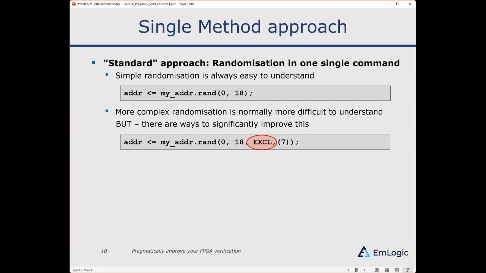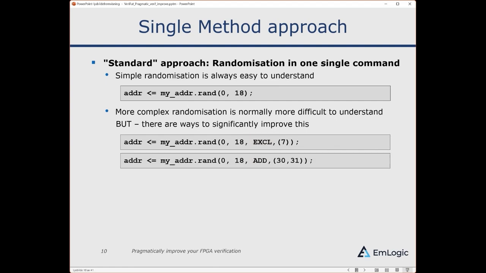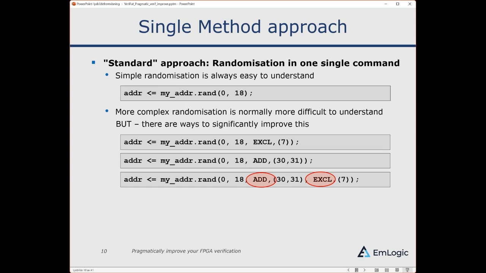In this case, you can easily understand that we generate a random number between 0 and 18, but excluding the number 7. Or in this case, adding the numbers 30 and 31. Or we can do both, add some numbers and exclude some numbers. And imagine if you didn't have these keywords, how difficult it would be to understand what the different numbers actually mean.